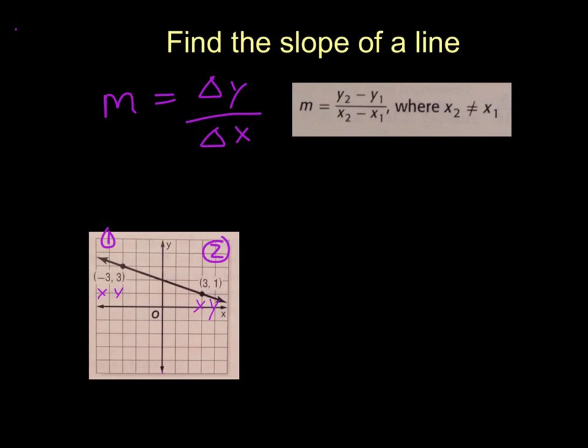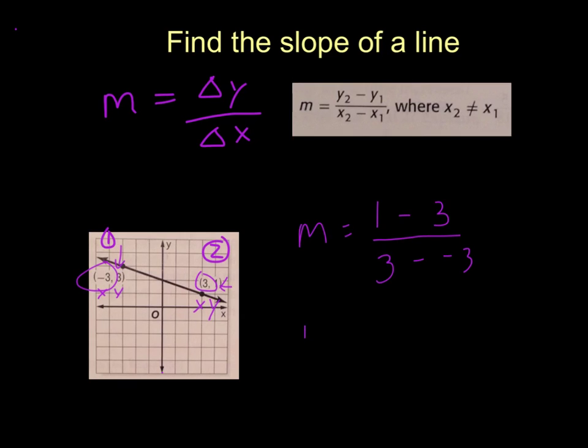And now I start by plugging in my numbers to my formula. So I'm going to go slope equals the second y, which I can see is 1 right here, so 1 minus the first y, okay, because that's the difference, the change, and there's my first y. So 1 minus 3, and that's going to be over the second x, which I can see is 3, minus the first x, which is negative 3.